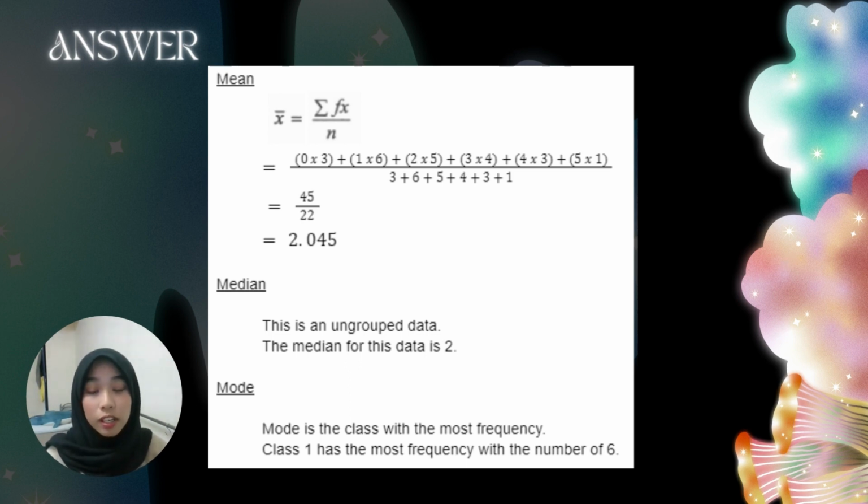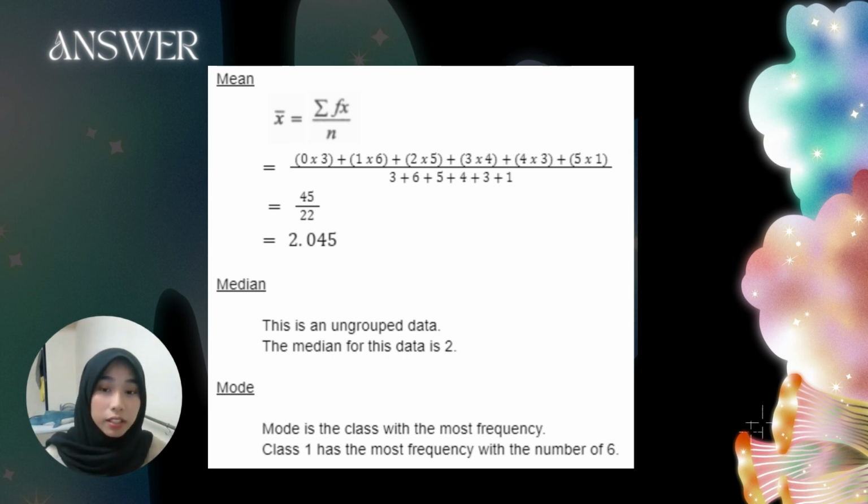So, if we do 0 times 3 plus 1 times 6 plus 2 times 5 plus 3 times 4 plus 4 times 3 plus 5 times 1, we will get 45. Okay, that is the total of frequency times x for the question earlier, and we divide it by the total number of frequency, which is 3 plus 6 plus 5 plus 4 plus 3 plus 1, and we will get a total frequency of 22.